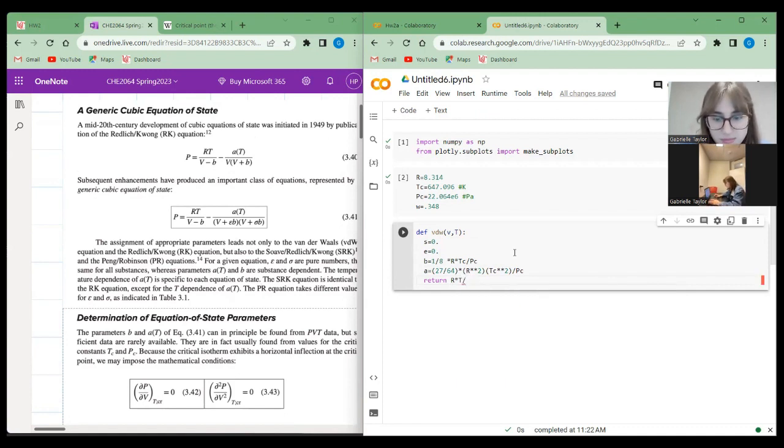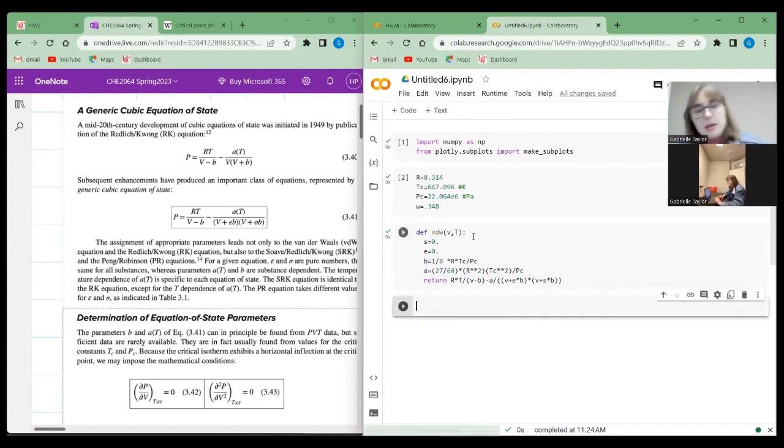So then V minus B, minus A. Okay, so this should be our cubic equation of state. This should be our van der Waals equation of state.